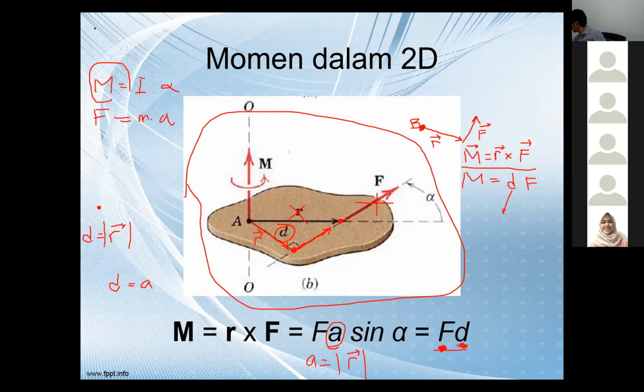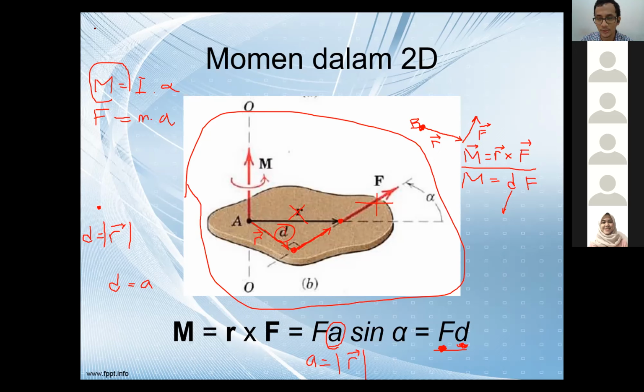Okay. So, the one that we have to make perpendicular is the R, not the F. Yes, correct. So actually, it's not the R, but the perpendicular distance. We call it D. D is the perpendicular distance.